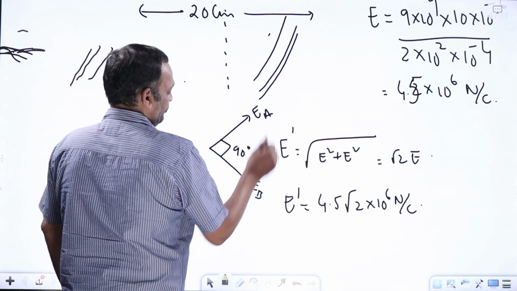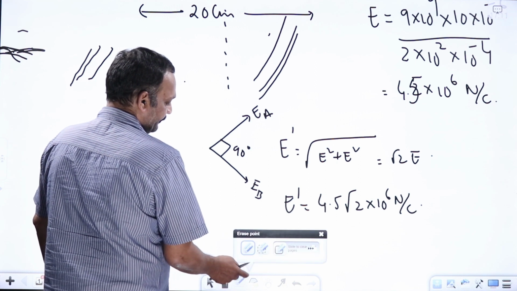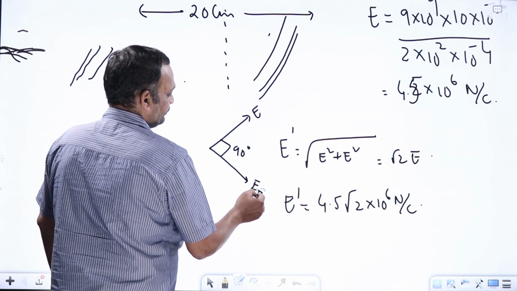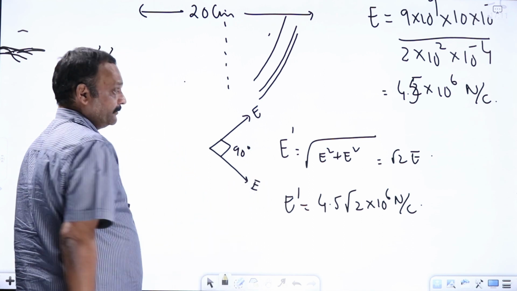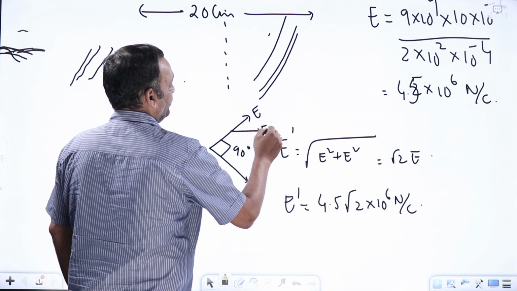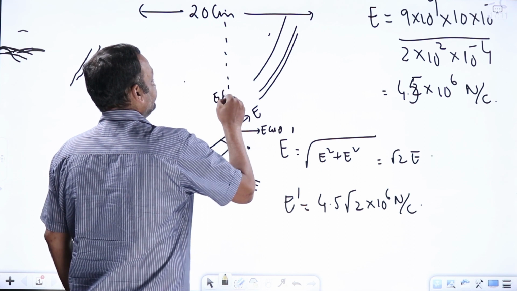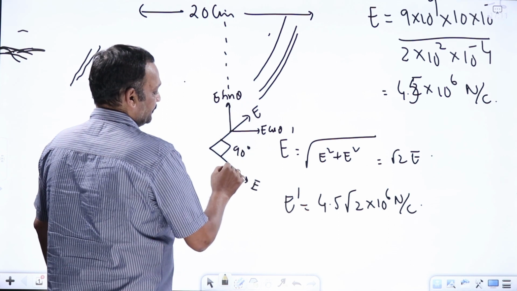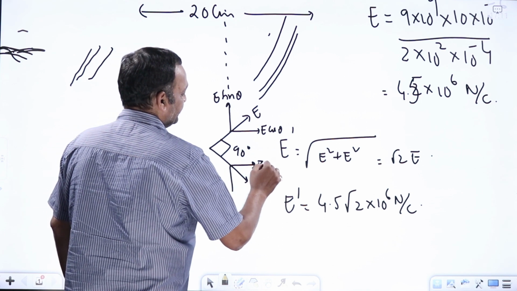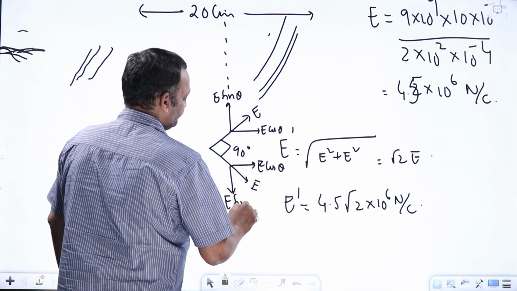Resolve this EA; both are equal now in magnitude. Resolve this into two components. Horizontal component E cos theta, and vertical component E sin theta. Resolve this also into two mutually perpendicular components: E cos theta again, and E sin theta again.